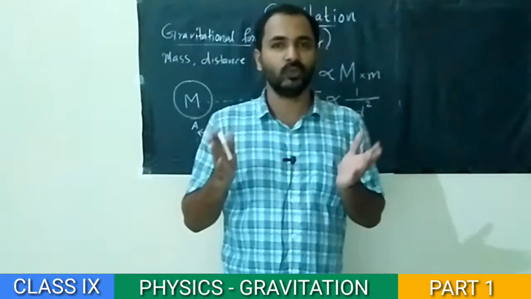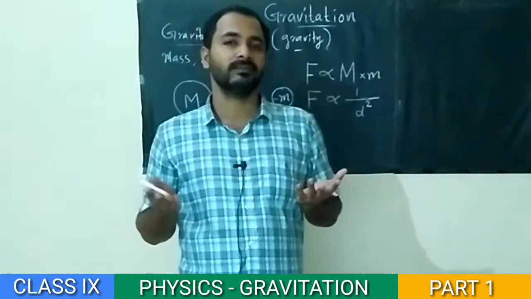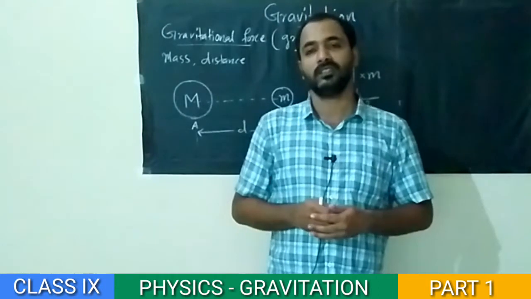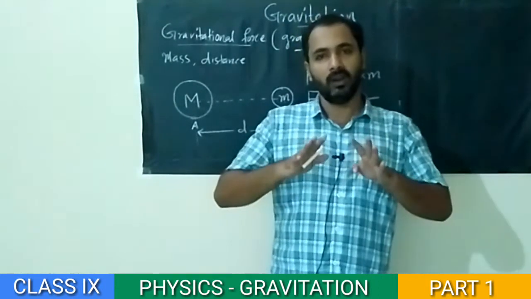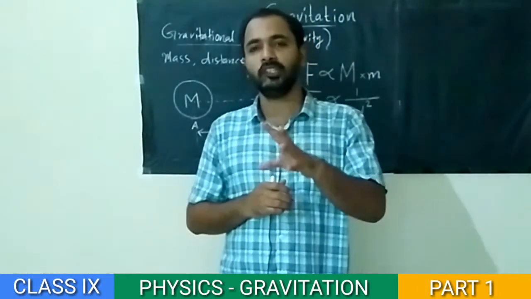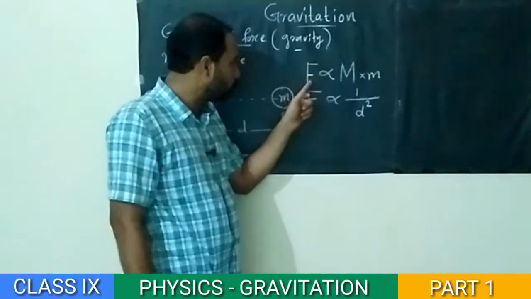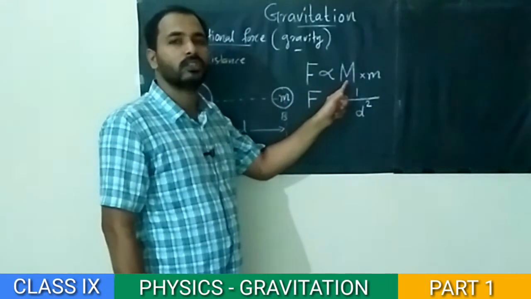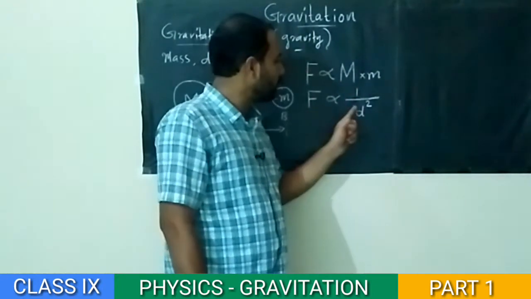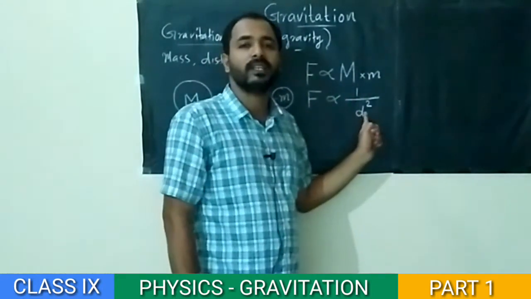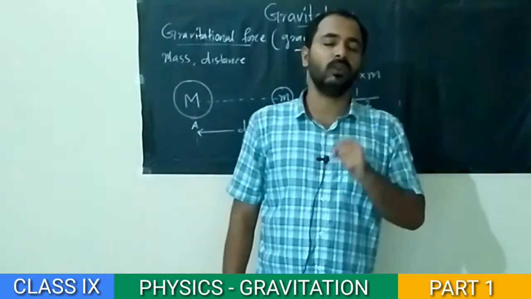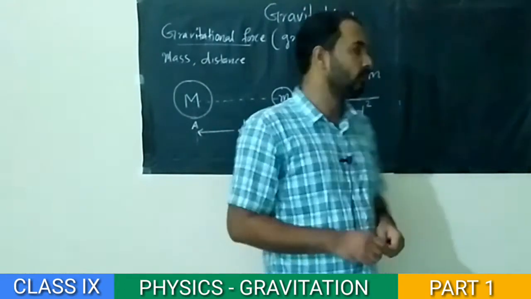Why is Newton's law called the universal law? This law is applicable to all objects in this universe. All objects attract each other with a force directly proportional to the product of their masses and inversely proportional to the square of the distance between their centers.